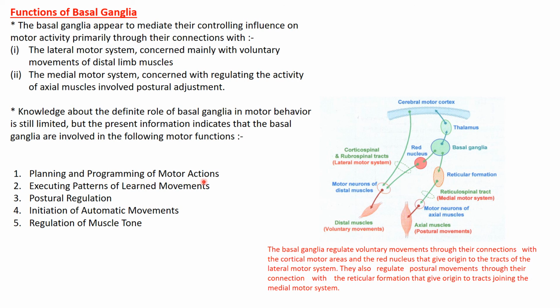And the basal ganglia produce this action through its connection with the medial motor system and the lateral motor system. The lateral motor system includes the corticospinal and rubrospinal tract, and the medial motor system includes the reticulospinal tract.